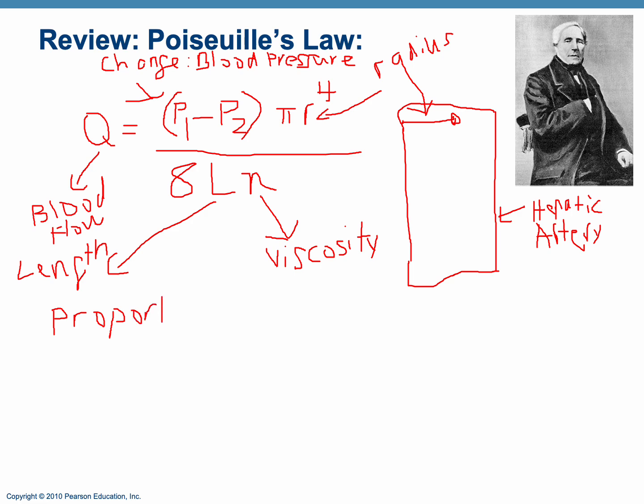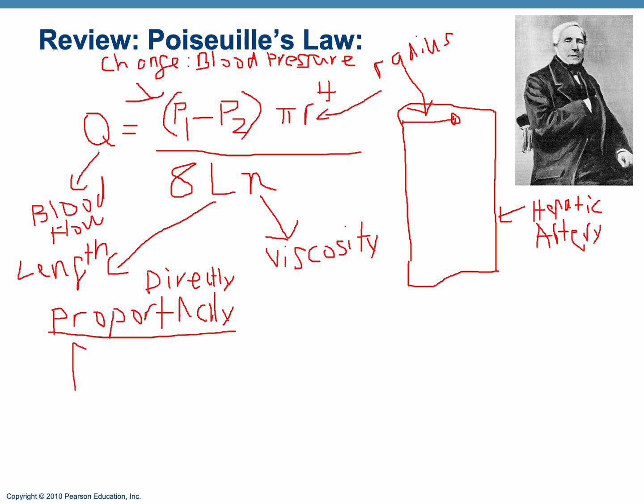When we look at the idea of blood flow being proportional, in this case directly proportional, I like to represent it by arrows. That seems to always help.